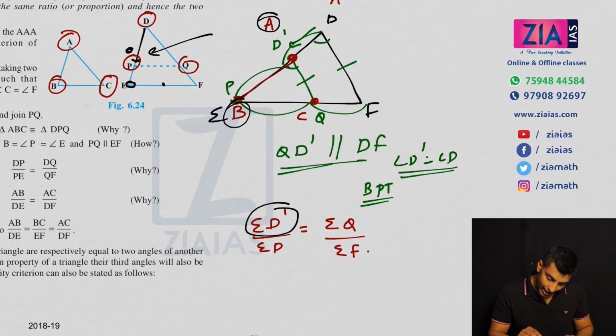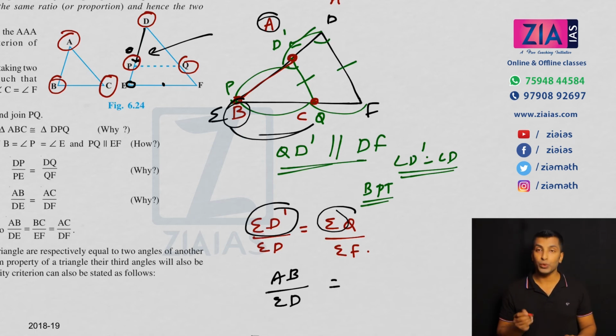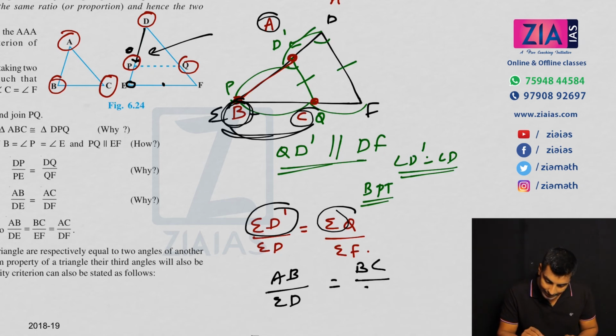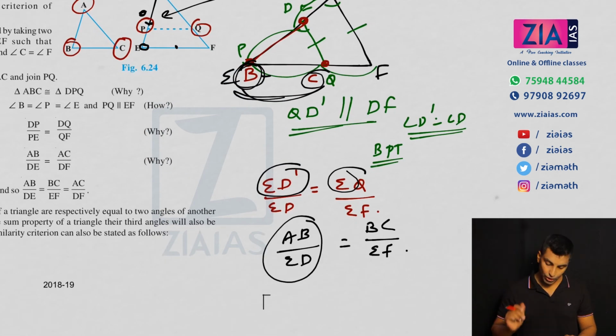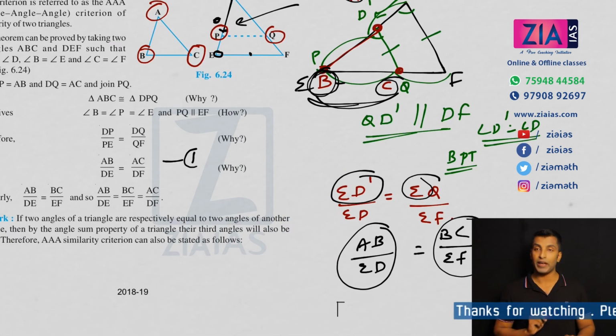That is AB. So instead of ED dash you can write AB divided by ED is equal to, okay, what is EQ? This EQ you can clearly understand is BC. So you can write BC divided by EF. So what you got is actually AB divided by DE equal to BC divided by EF.